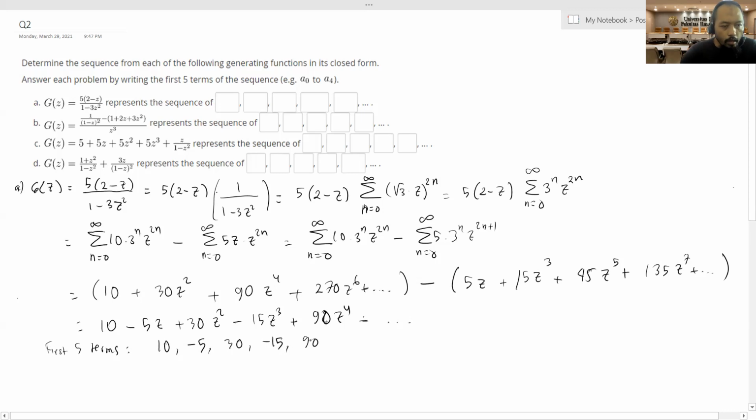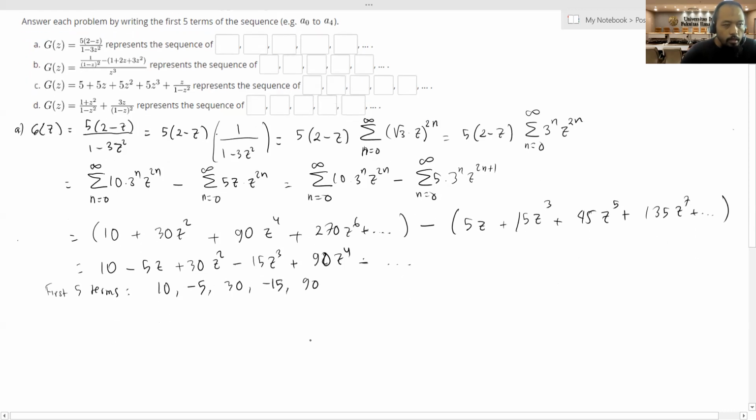That's part A. Now what about part B? In part B, you have gz is equal to 1 over 1 minus z squared minus 1 plus 2z plus 3z squared, divided by z cubed, right?